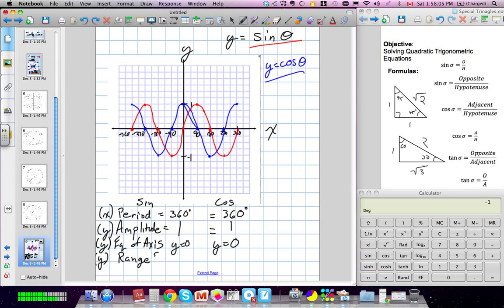So we have y is a set of all real numbers such that it's between the highest and lowest value, 1 and -1. So y is greater than or equal to -1 and less than or equal to 1. Range of cos is the exact same: y is a real number such that it's between -1 and 1.